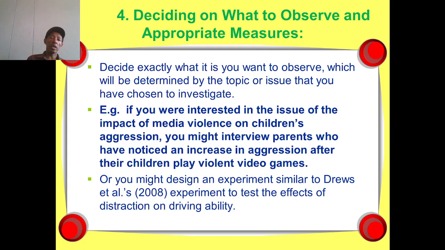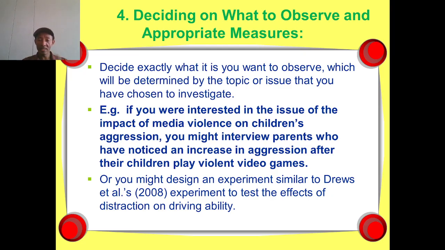Remember that we have said your research design is dictated by your research objective. Likewise, what you observe or what you measure at this stage, the tools of data collection, is determined by your topic or hypothesis. For instance, if you were interested in the impact of media violence on children's aggression, you may interview parents who have seen an increase in their children's aggression recently after they play violent video games.